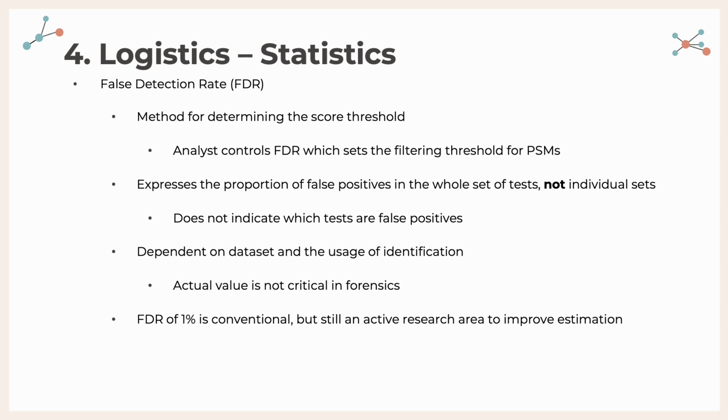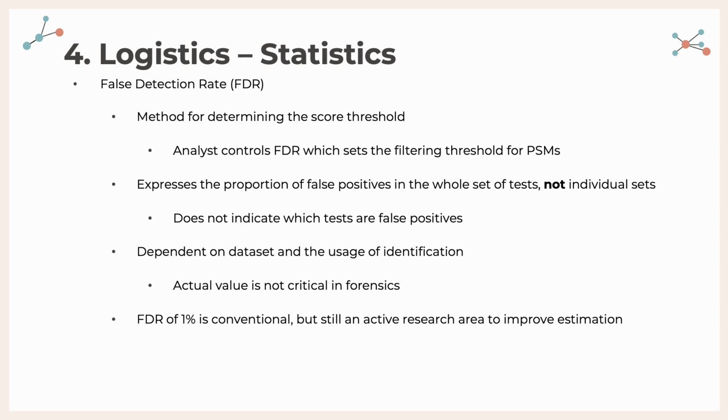Important to note that the false detection rate is dependent on the data set and the usage of the identification. The actual value of the false detection rate is not critical in forensics. Obviously, we want it to be as low as possible, but if it is high, it still fulfills the Daubert standard criteria.